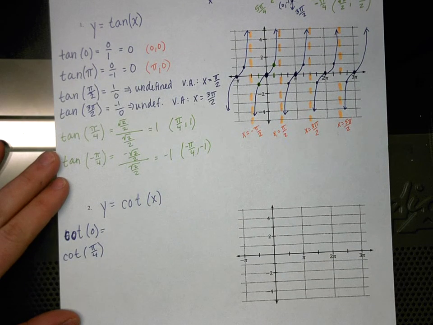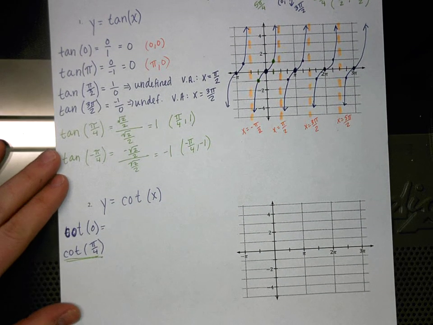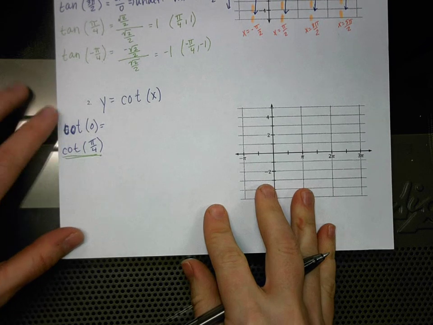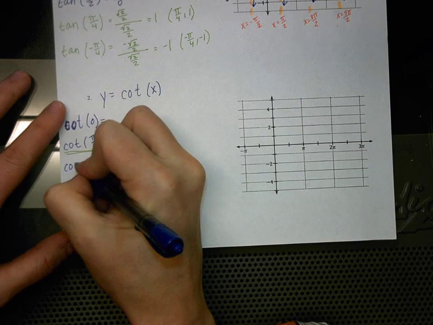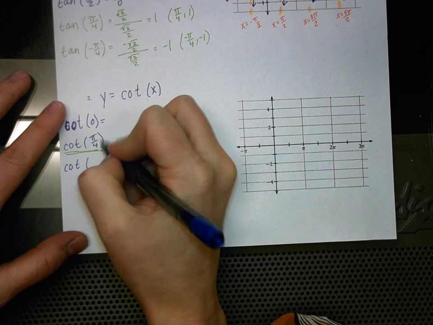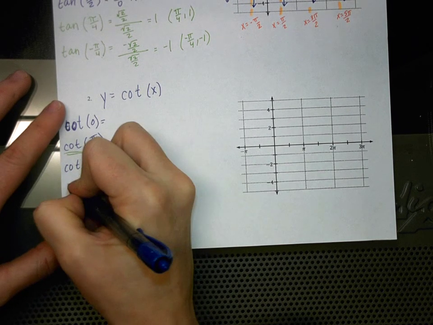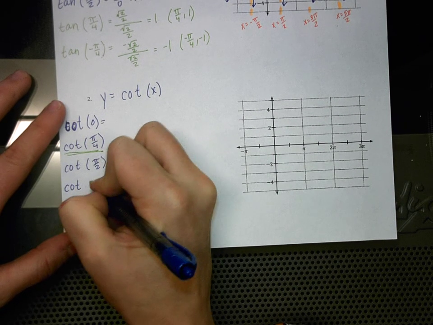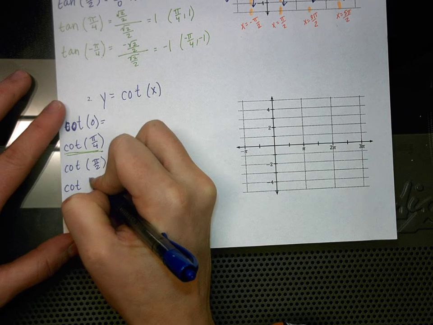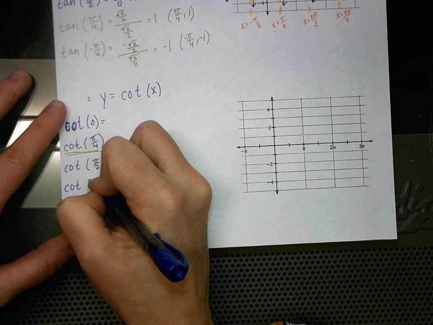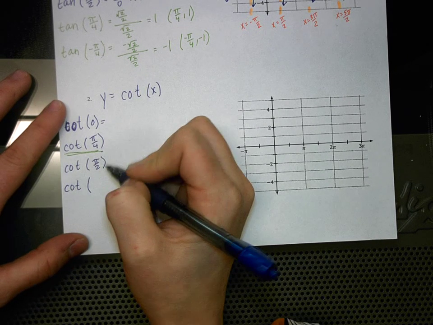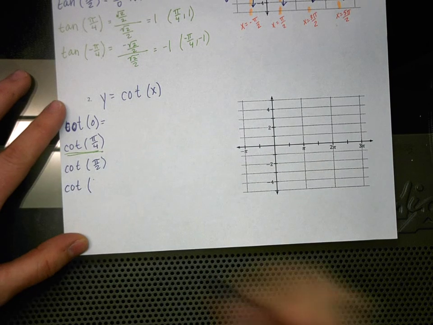Remember, that's one of my quarter terms. Cotangent of pi over 2. I'm putting them all in order this time so that we can see what our pattern looks like. Cotangent of 3 pi over 4.